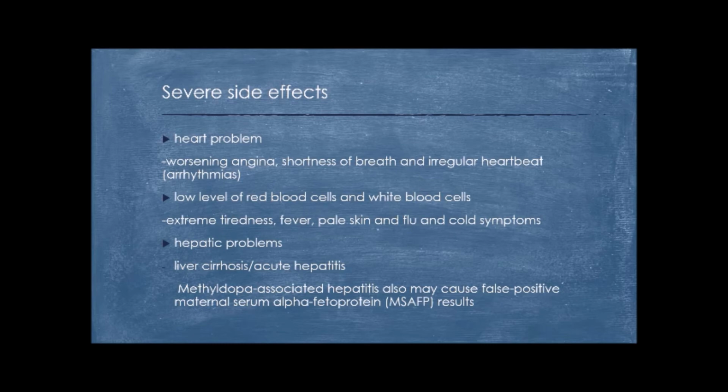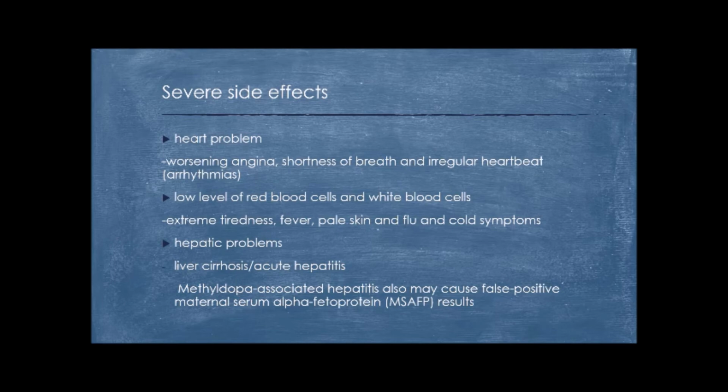Also, it will cause hepatic problems, but this occurs rarely, in only 0.1% of patients. And for patients who have liver cirrhosis, alternative therapy is recommended due to the risk of additional hepatotoxicity associated with methyldopa.